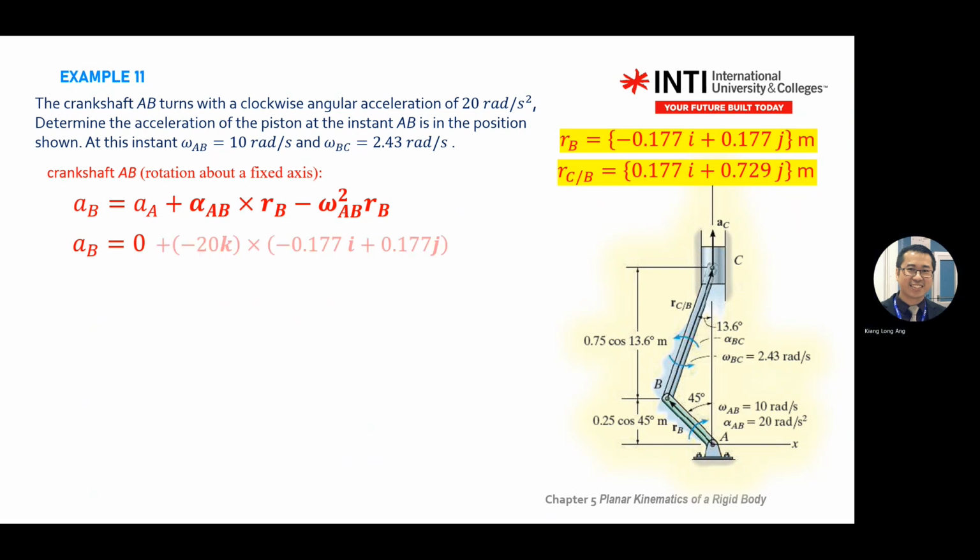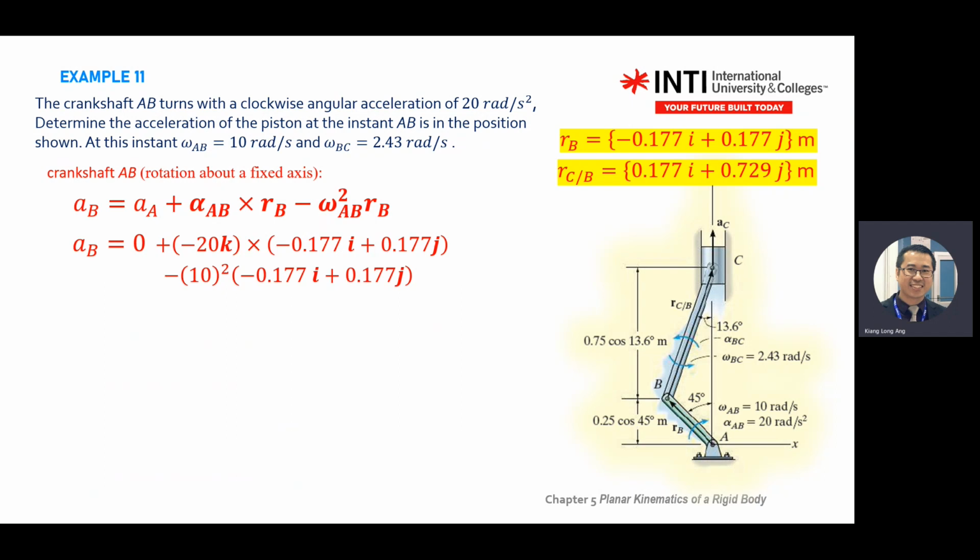Then again, alpha AB. This is what? Clockwise. So use your hand. You put your hand on the paper, then you see how your fingers curl. This one goes in, negative. Then r, you already converted to i and j just now.